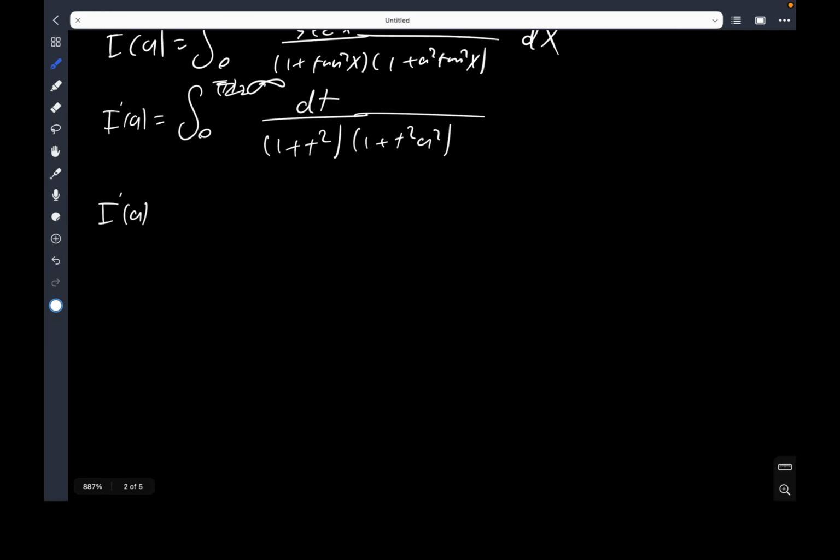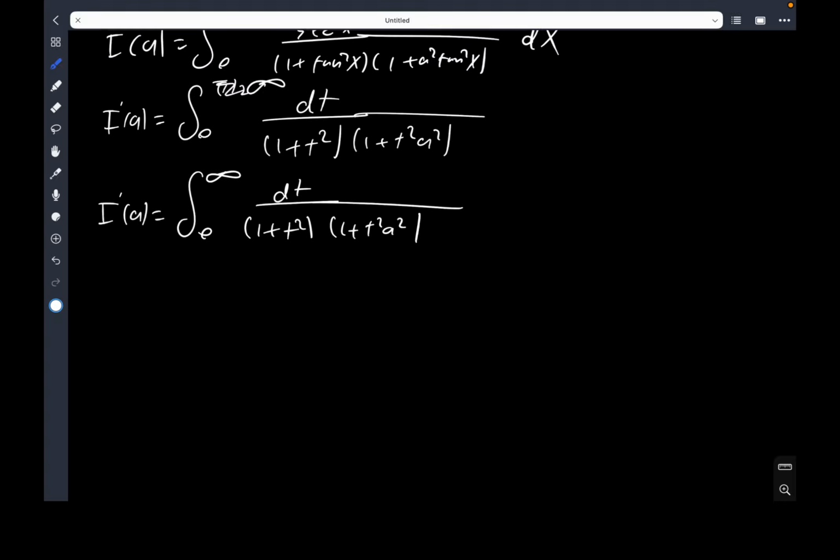Let me write it more cleanly here: the integral from 0 to infinity of dt over (1 plus t squared)(1 plus t squared a squared).